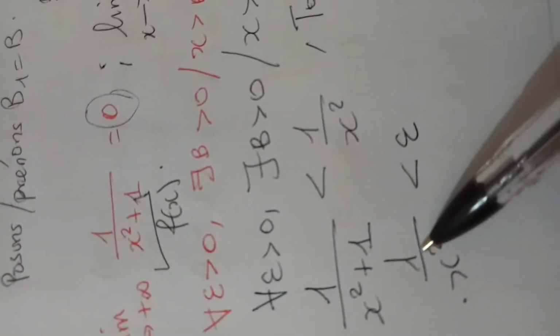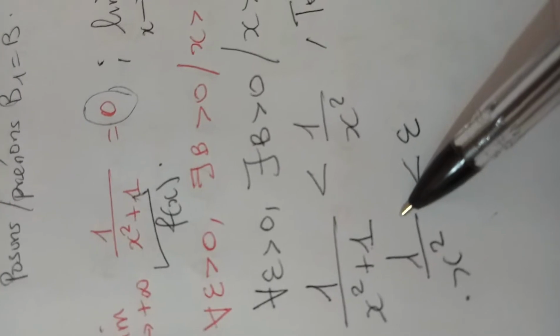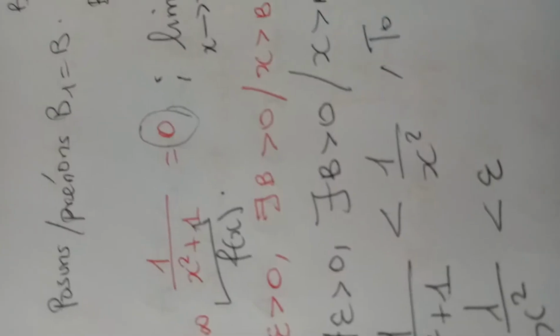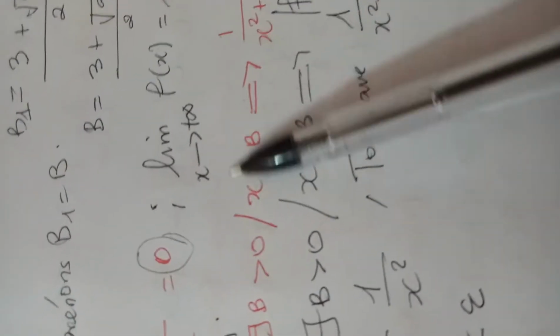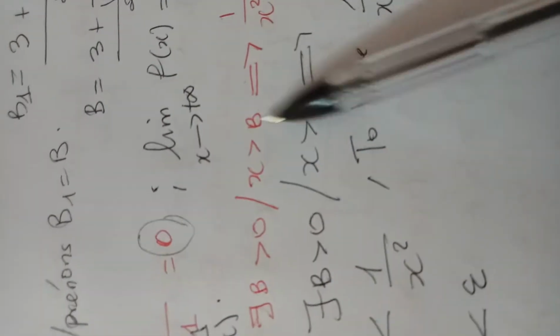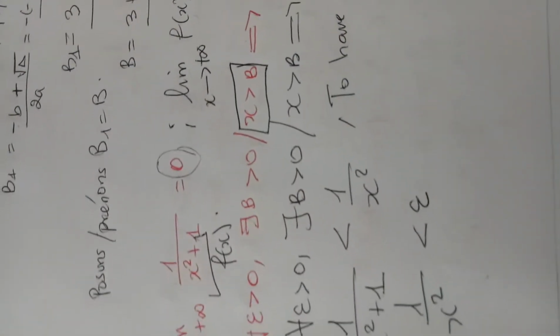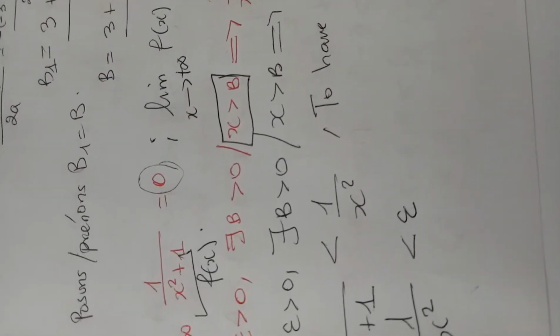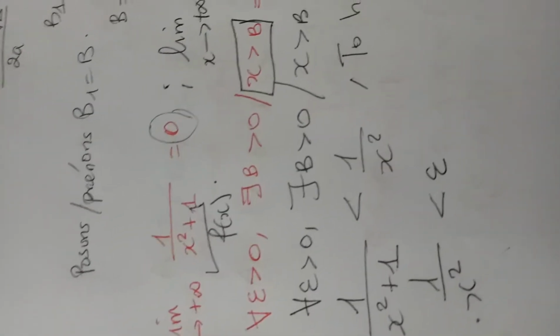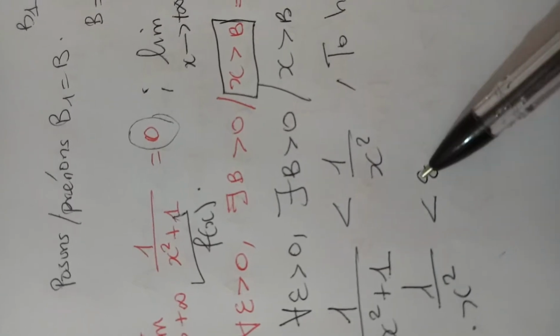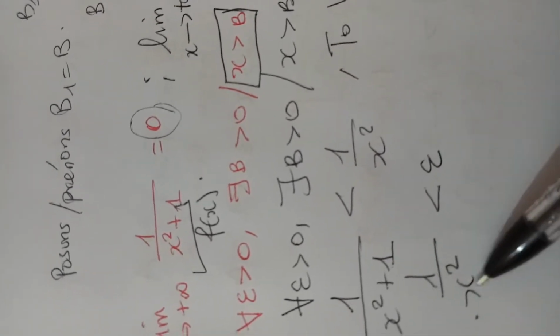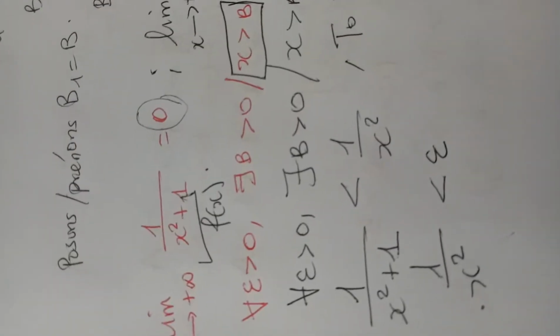And what are we looking for? We're looking for x greater than b. That's why the definitions are very important. Always use them because they help you to find what you're looking for. But I have 1 over x squared less than epsilon, and I'm looking for x squared. So what do I do? I invert.